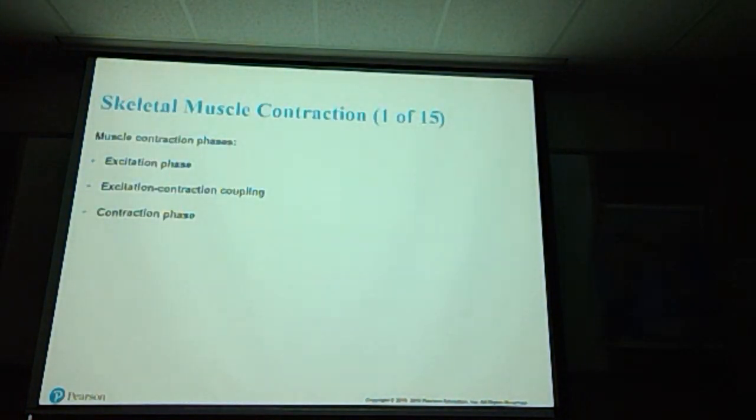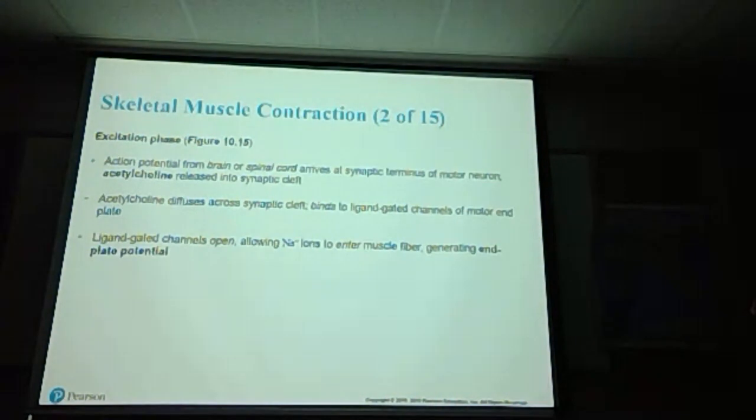Skeletal muscle contraction has phases: the excitation phase, the excitation-contraction coupling, and then the contraction phase. During the excitation phase, an action potential from the brain or spinal cord arrives at the synaptic terminus of a motor neuron.